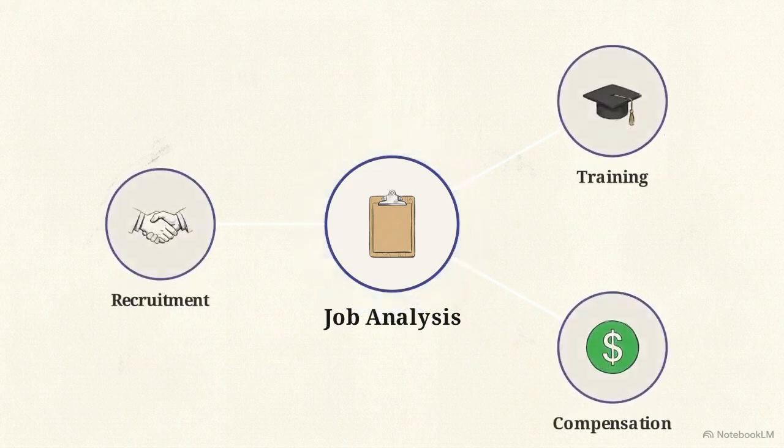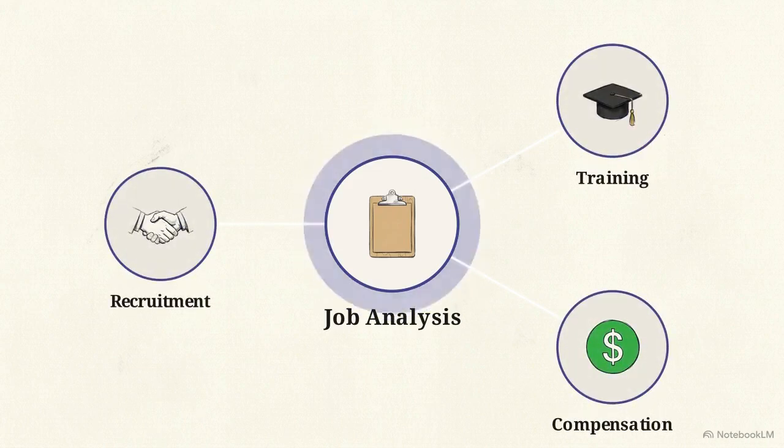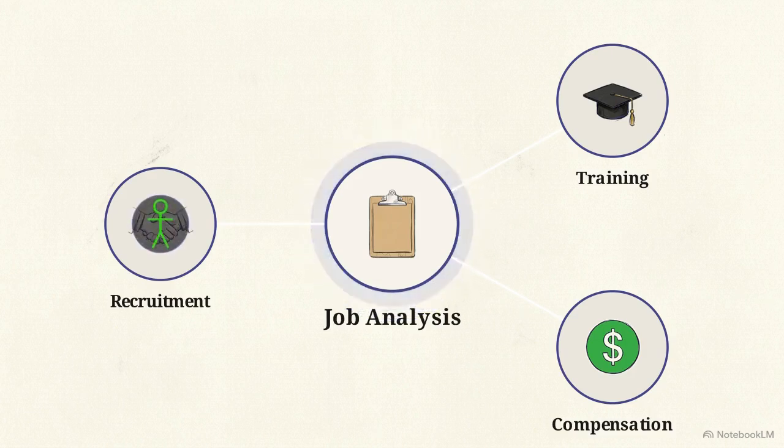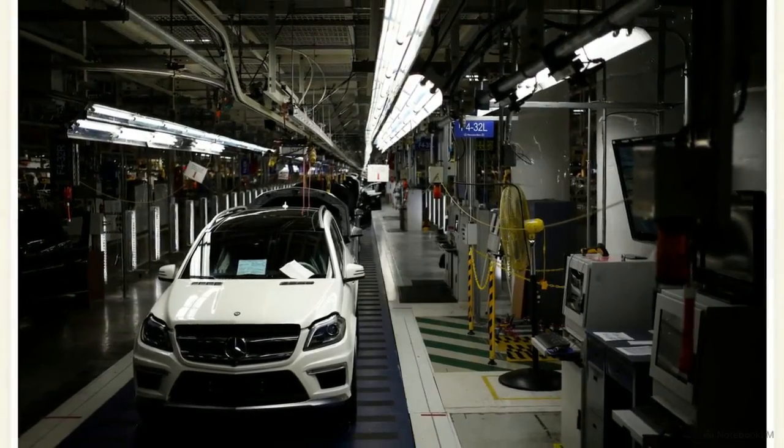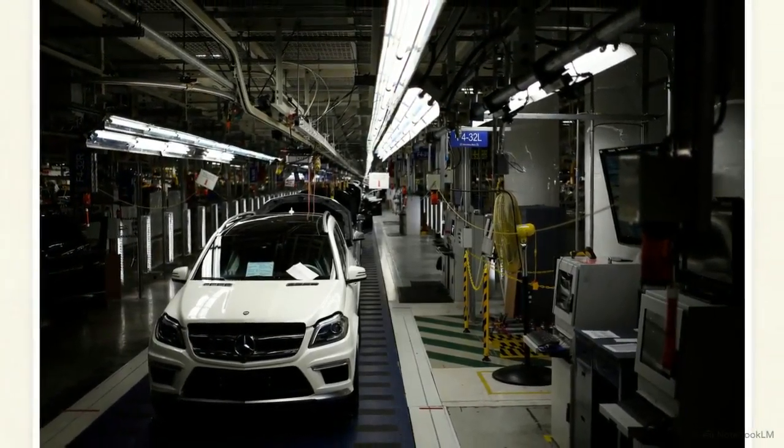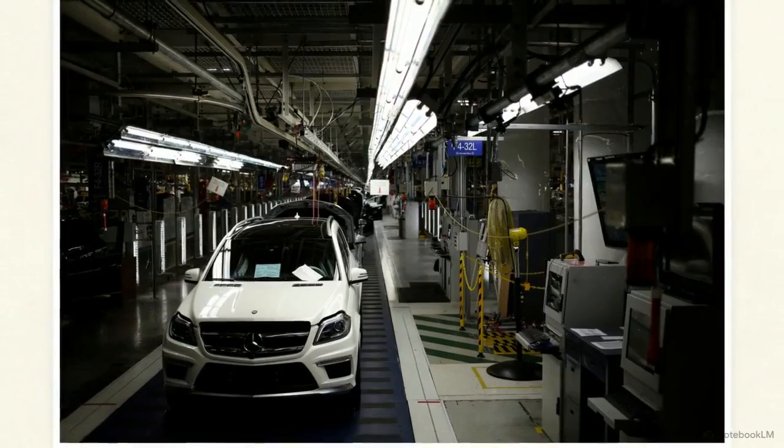As a single source of truth, it dynamically drives interconnected decisions across all branches of HR simultaneously, ensuring that the profile used to recruit an applicant is the exact same profile used to train and compensate them. Job analysis provides the analytical framework that aligns individual human capability with a company's broader strategic goals.